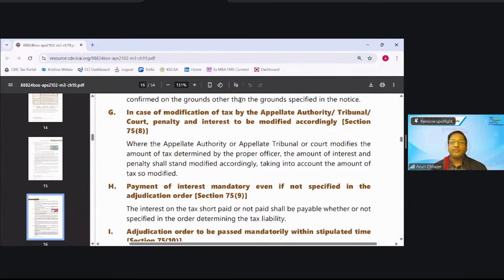In case of modification of tax by the appellate authority, tribunal, or court, penalties and interest are to be modified accordingly.